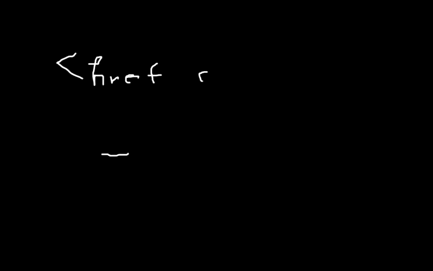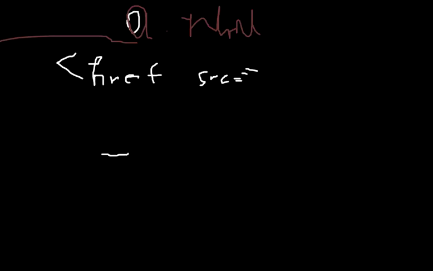Suppose you put href source equals, and then suppose we are on a.html currently. Don't forget that we are on this document called a.html, and that we are coding a simple href tag to take us on to the next page.